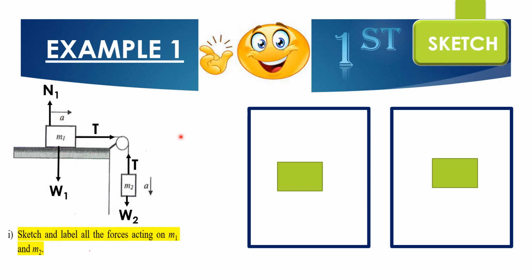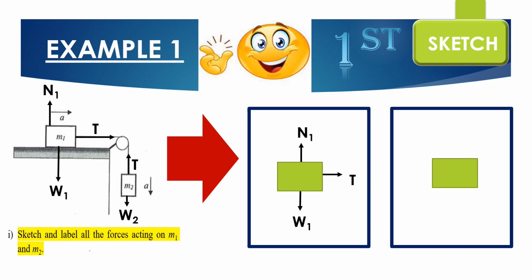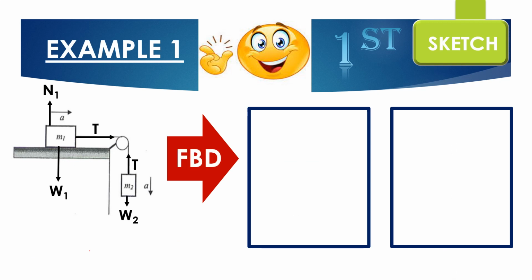And for your solution, we draw the structure of the object. Different objects have different figure diagrams, and you label all the forces acting on each body. If the question asks you to sketch a free body diagram, the object will be represented by a dot.